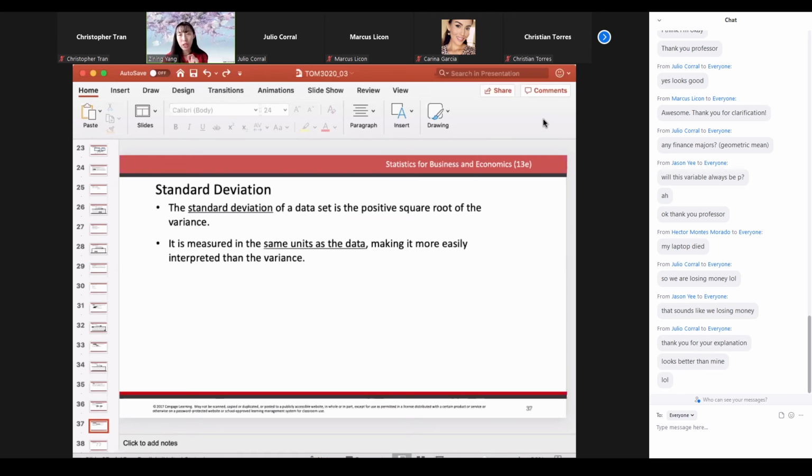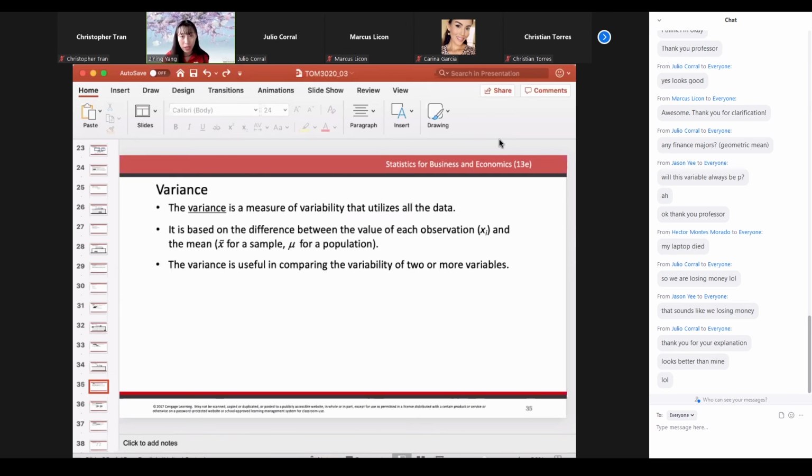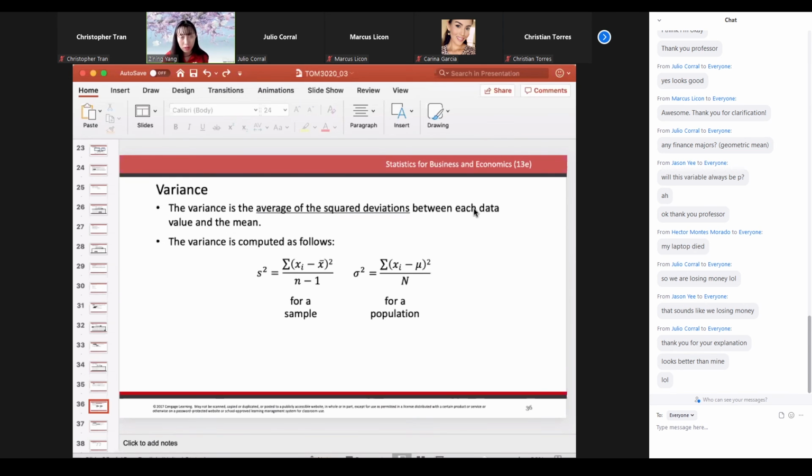We don't get rid of the negative. When there is a negative, here when you see the calculation, you see the square. So any negative value, when it's squared, it becomes a positive value. So we don't cancel that out. But to your question, how do we compare? We typically compare standard deviation because it's in the same magnitude, same unit as your original score, right?